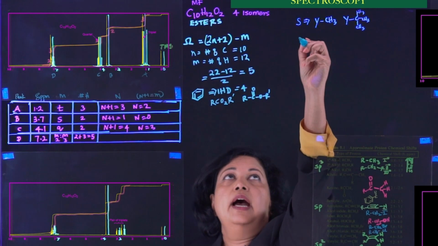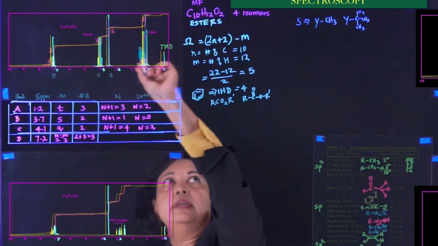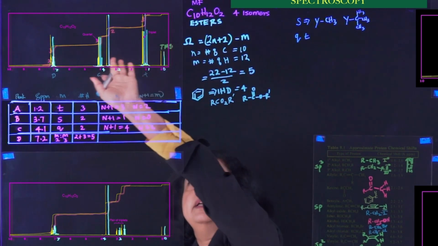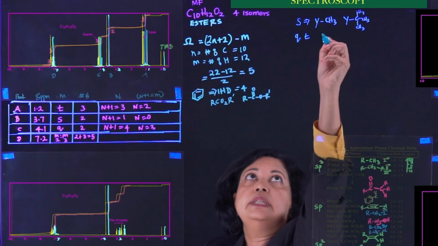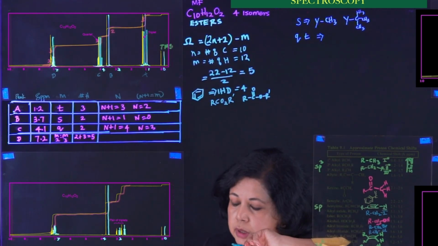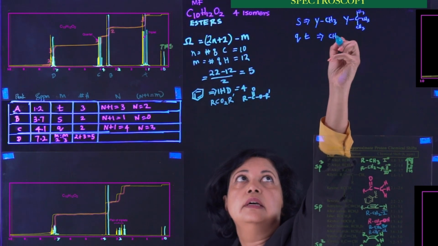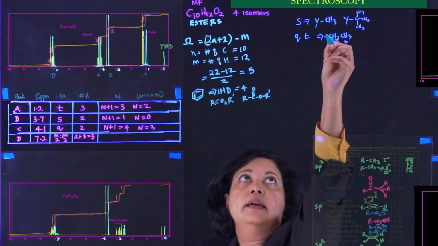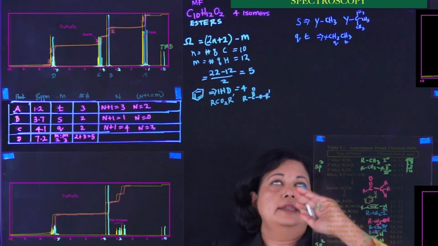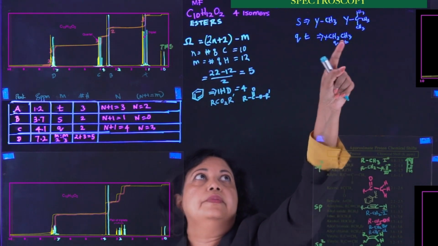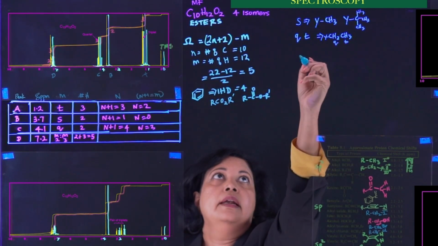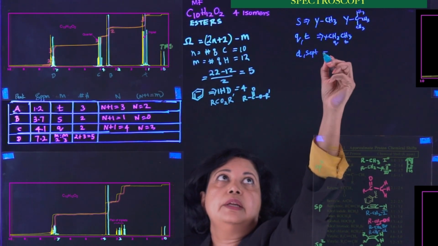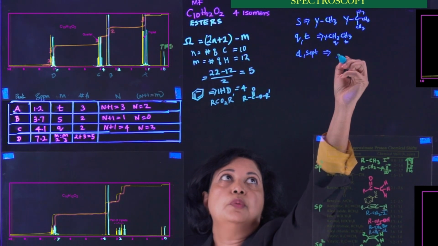If you have a triplet and quartet, and you've seen this all the time, the quartet would usually be the deshielded one. When you see this pair, you should always remember ethyl. That's right. So this is going to be your quartet and triplet. The quartet is typically next to something that doesn't have hydrogens, and this would be more shielded than this. Now, doublet and septet is typically unique for isopropyl groups.